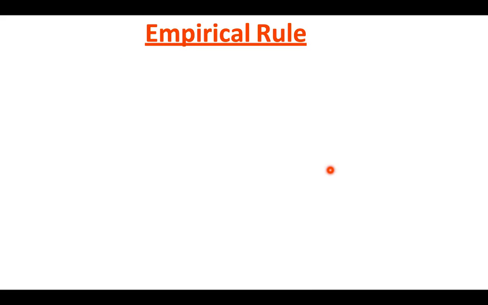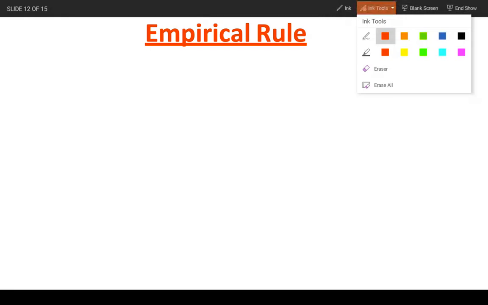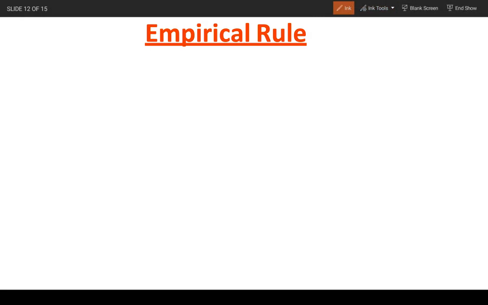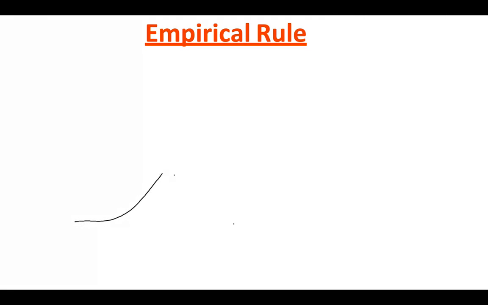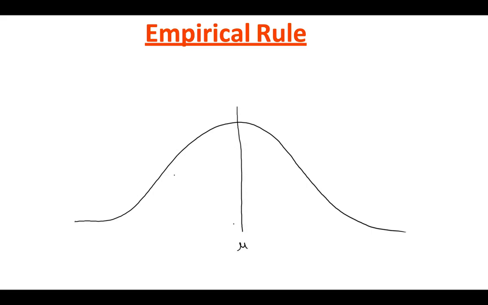So with this empirical rule, we can actually further divide this. I'm going to draw a little illustration, a little normal curve here. If I put the mean in the middle, let's call this mu. You're going to be drawing some of these charts, so it is a good idea to copy this down. Obviously, it's not 100% straight.